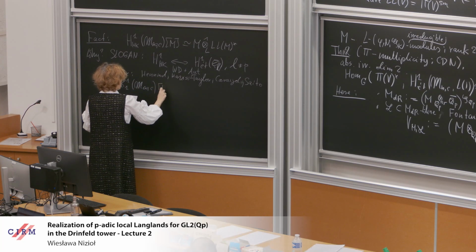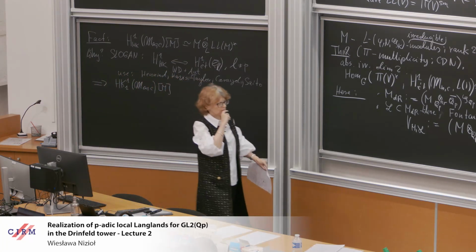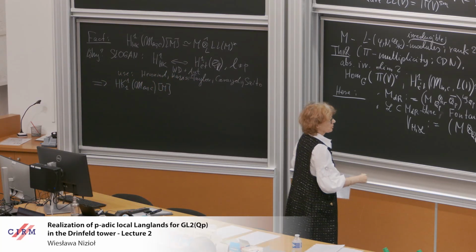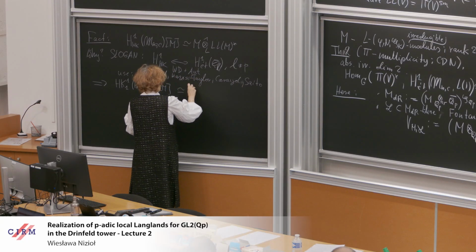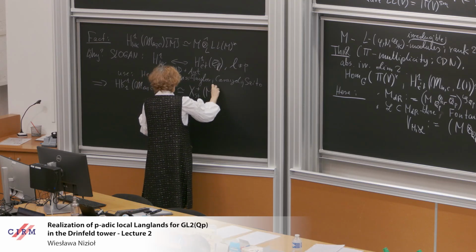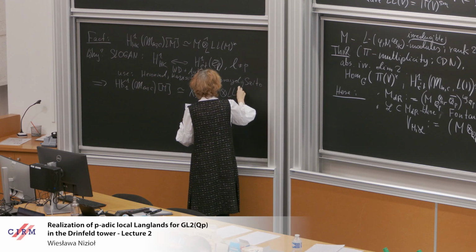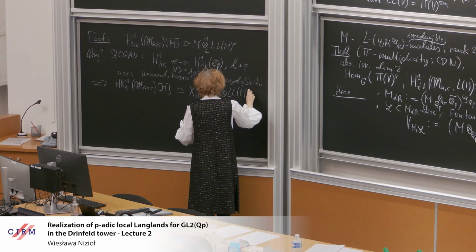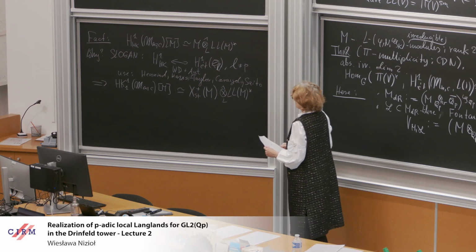Now the M part. So we have this decomposition. If you look at this formula, you have to apply some eigenspaces. So what we are going to get is this ST plus eigenspace formula, but just for M's, and the local Langlands part is completely irrelevant for that, so it stays out.